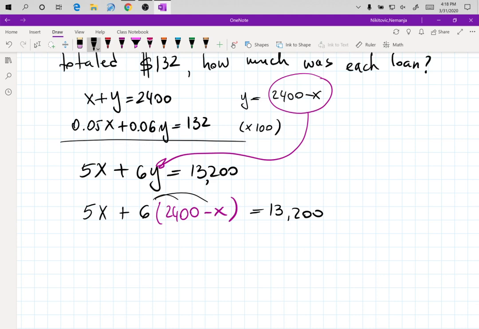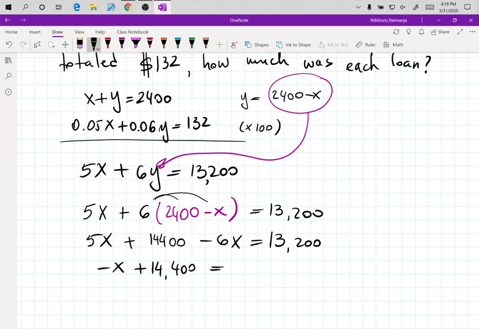Distribute the 6. So now we have 2400 times 6, right? So that's 120, 144, right? That's a 12 and that's a 24. Yep. Minus 6x equals 13,200. Combine like terms to get minus x plus 14,400.